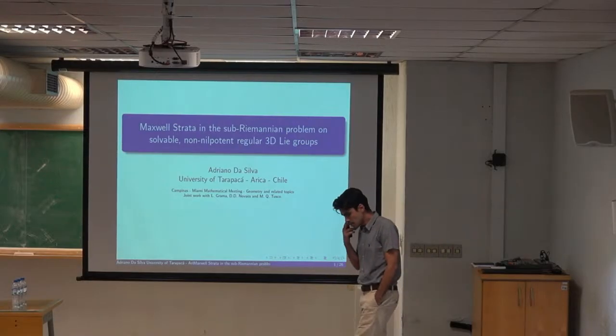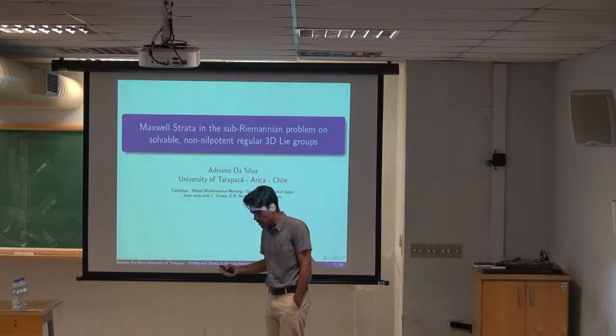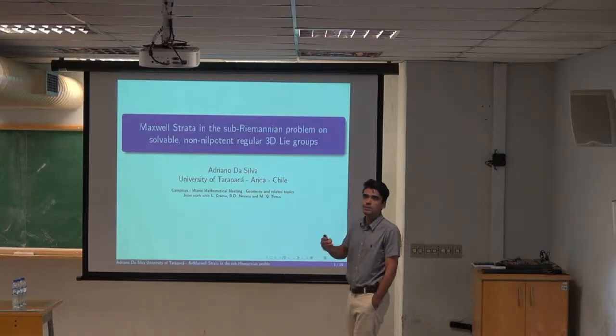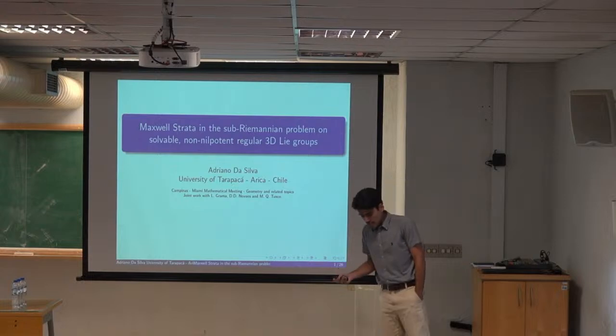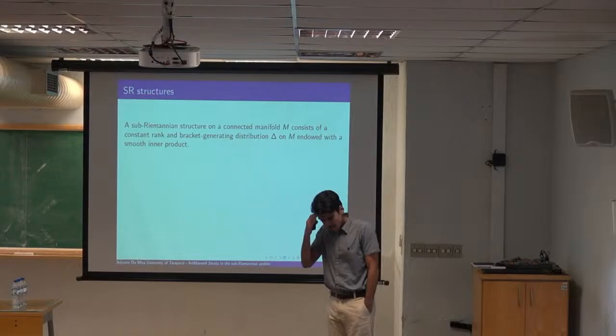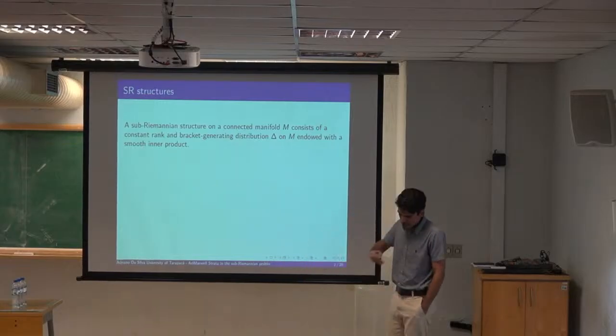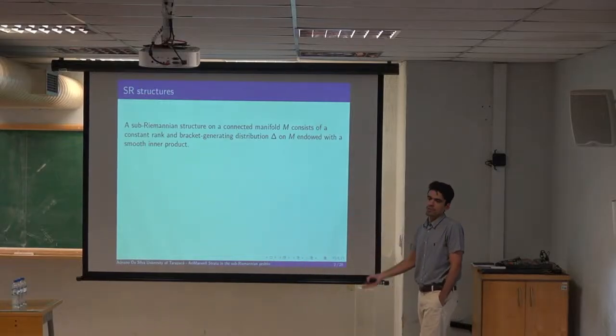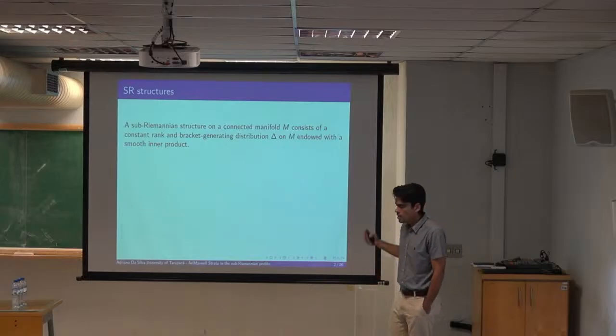And the basic idea is to look at sub-Riemannian geometry. So what is sub-Riemannian geometry? Basically, it's a geometry where we have a metric that is also given by the infimum of lengths of curves.